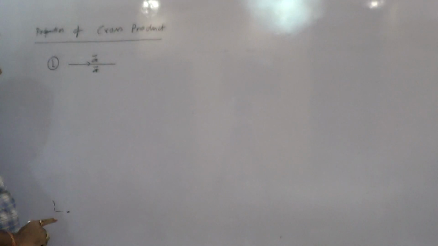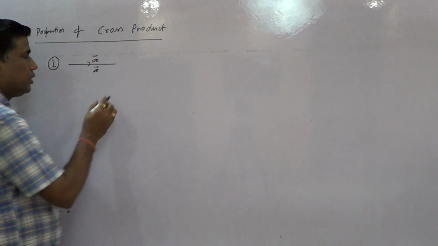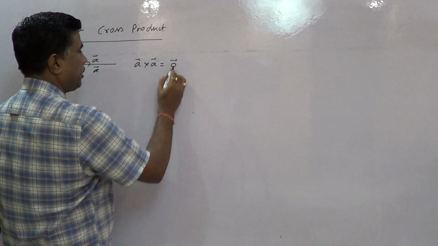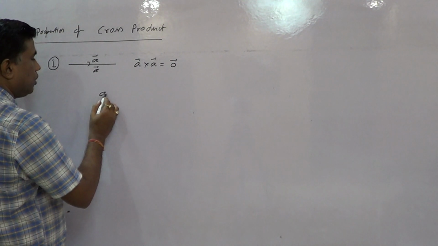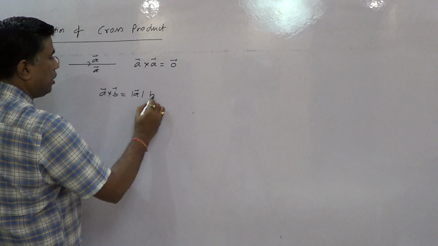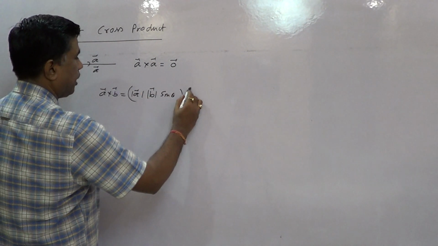Suppose I have taken a vector A, the other vector is also the same vector. So cross product of a vector with itself is equal to 0 vector. Student, you can prove it. Very easy to prove. See how. As I taught you, A cross B equal to mod of A into mod of B into sine theta into a unit vector n cap.